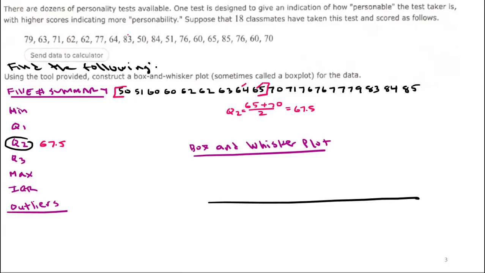1, 2, 3, 4, 1, 2, 3, 4. So in this case, 62 is going to be my Q1. So I'll write 62 here. Then I do the same thing for the right side.